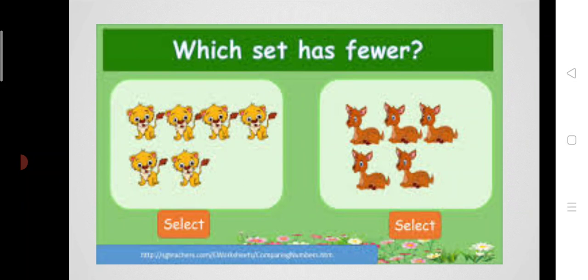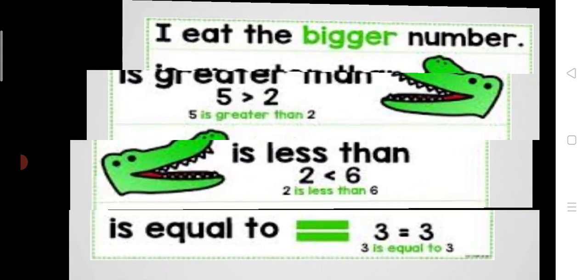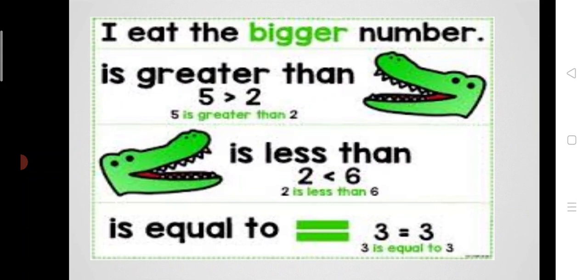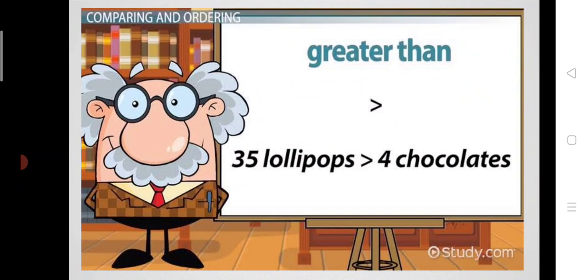Answer is set B. 5 is greater than 2. Greater than means bigger number. 5 is bigger than 2. 2 is less than 6. It means 2 is smaller than 6. 3 equals 3. It means both the numbers are the same.